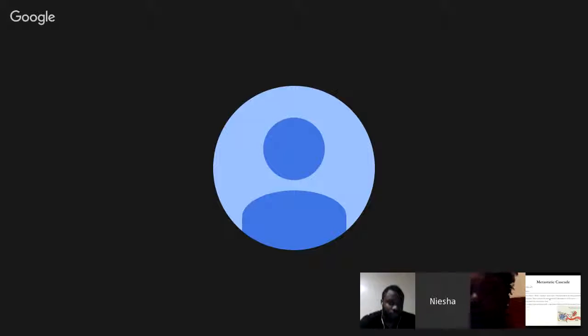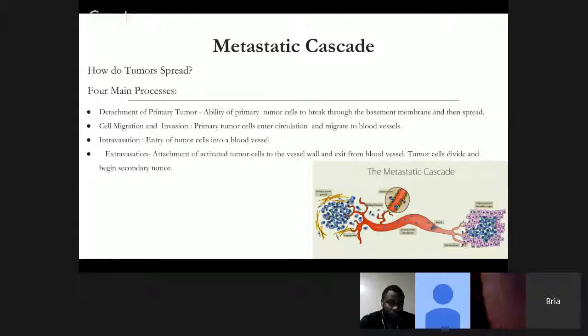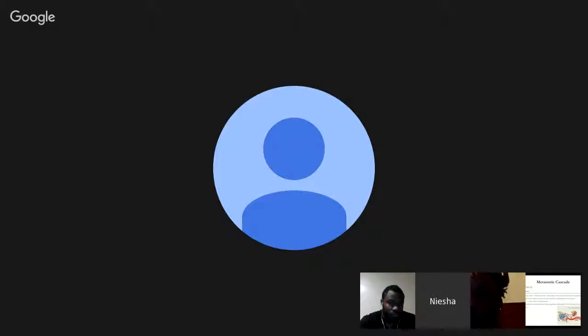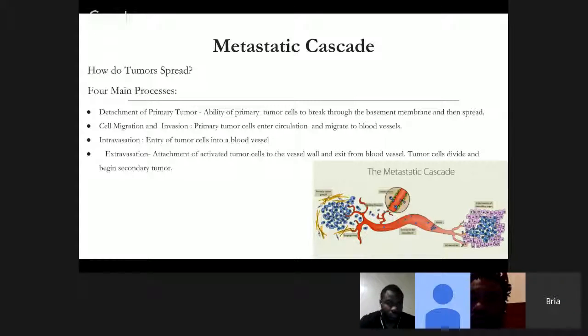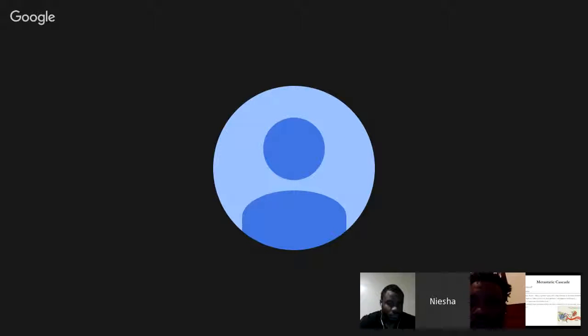The metastatic cascade determines how tumors spread. The four main processes are detachment of the primary tumor, cell migration and invasion, intravasation, and extravasation. The detachment of the primary tumor basically means that there is a cell migration that deals with the tumor cells that enter the circulation.